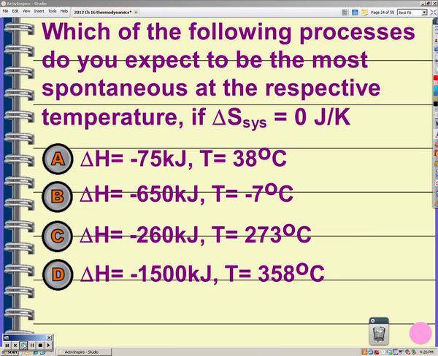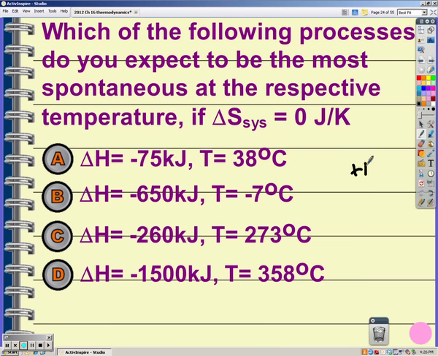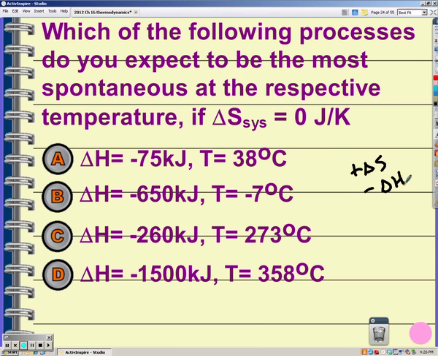So if delta S is 0, then using our equation for free energy, we need to find out which reaction has the most negative delta G. The most negative delta G would be the most spontaneous.